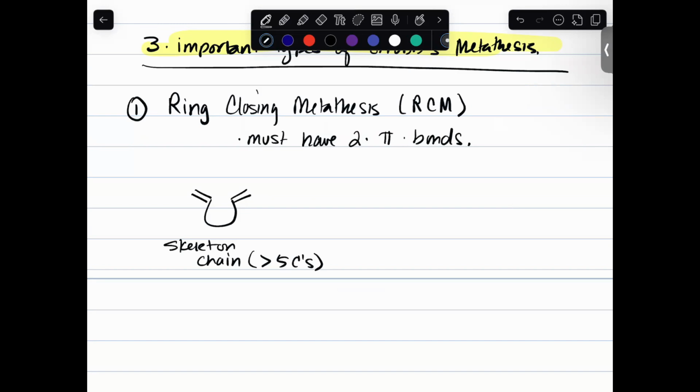And what they've noticed is that the reaction works great with a skeletal chain of 20 carbons, and the yields are anywhere between 60 to 90%. And so instead of drawing all these different types of chains, I've just drawn a circle to indicate, hey, you can have from 5 carbons to 20 carbons. And if you subject this to ring closing metathesis, you are going to form a ring.